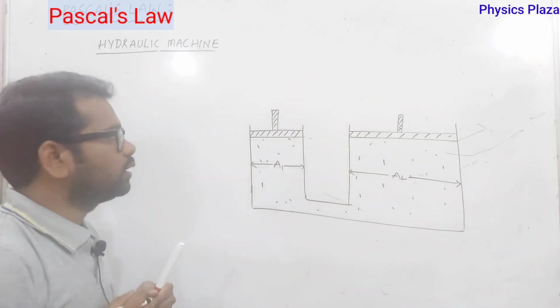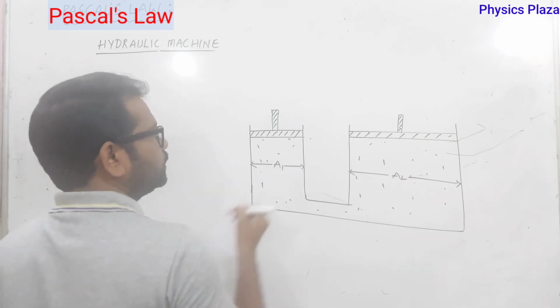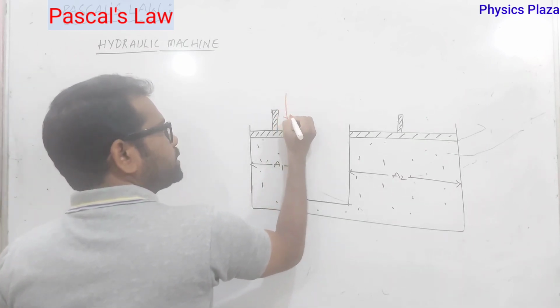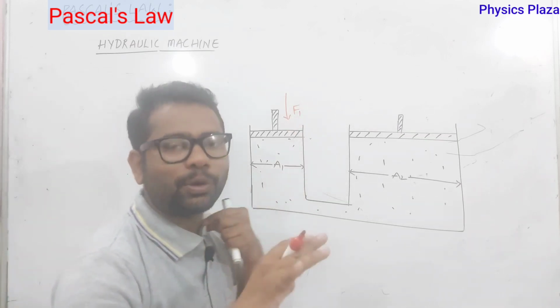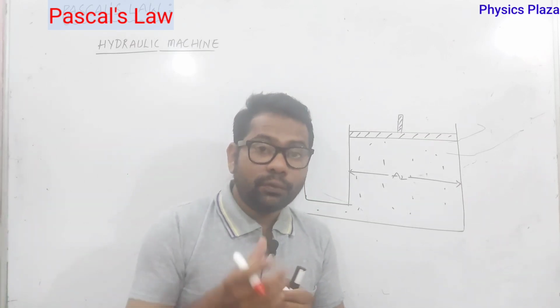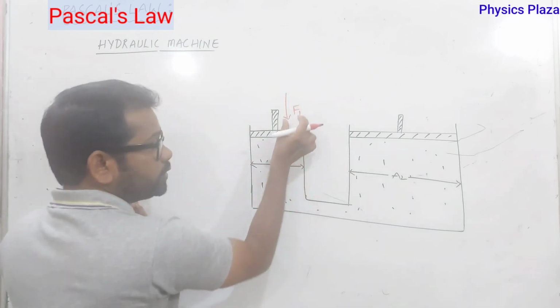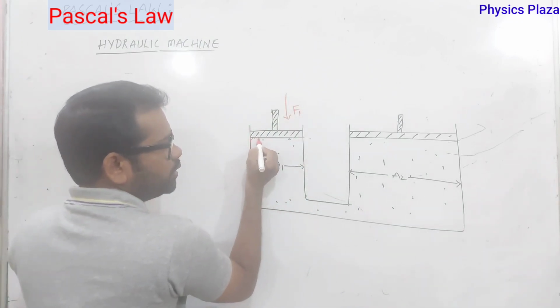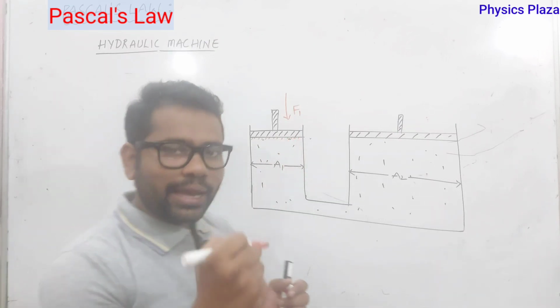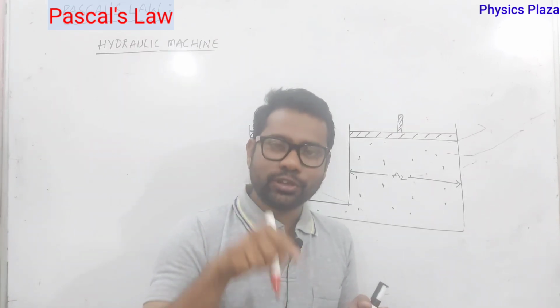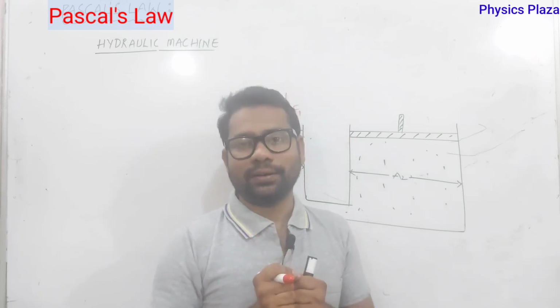Now children, let F1 force be applied on the smaller piston, whose surface area is A1. Then can we calculate the pressure which we are giving to that confined liquid? Yes, we can.